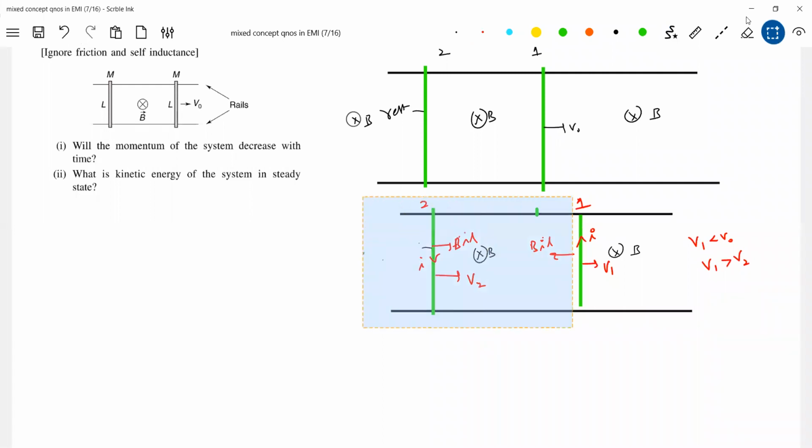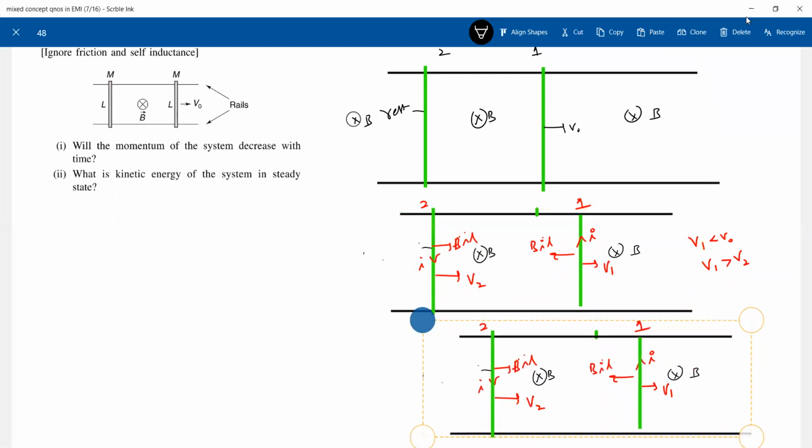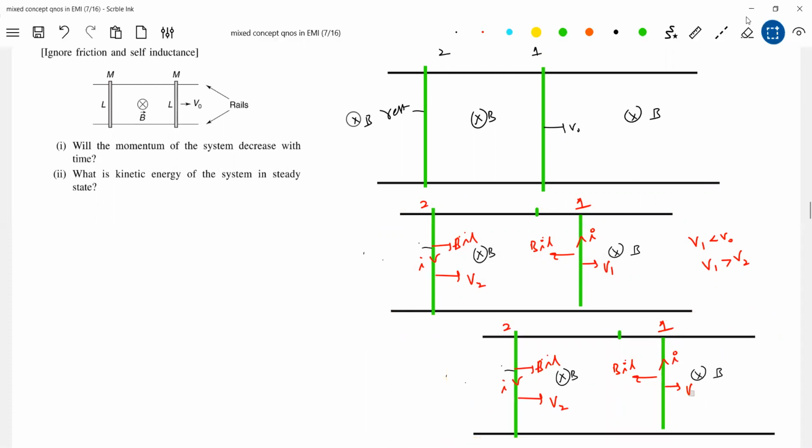Once both have common velocity, the net flux linking the loop remains constant, though there will be displacement of the rods, and because of that, no induced current will flow.